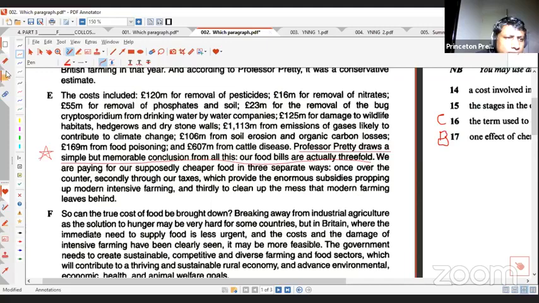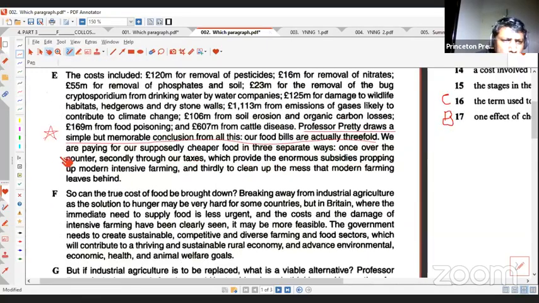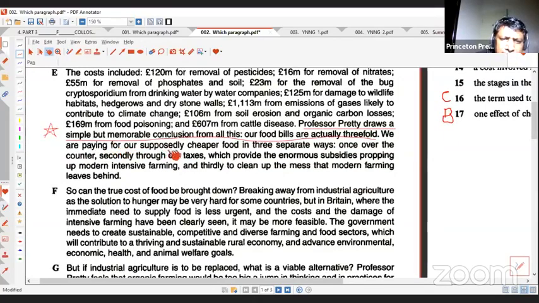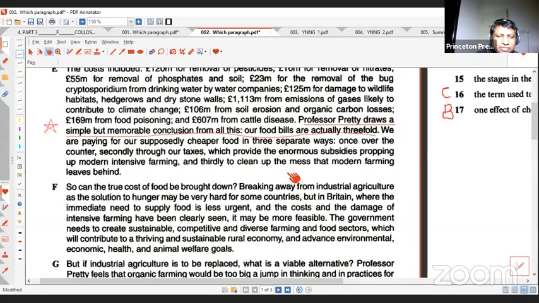Now what we are doing, we are paying for our supposedly cheaper food in three separate ways. Once over the counter, secondly through our taxes, which provide the enormous subsidies propping up modern intensive farming, and thirdly to clean up the mess that modern farming leaves behind.